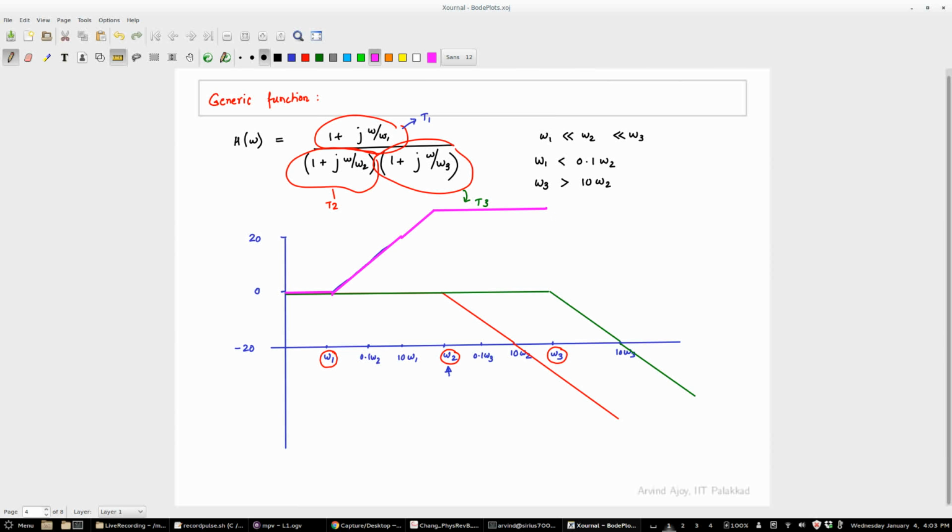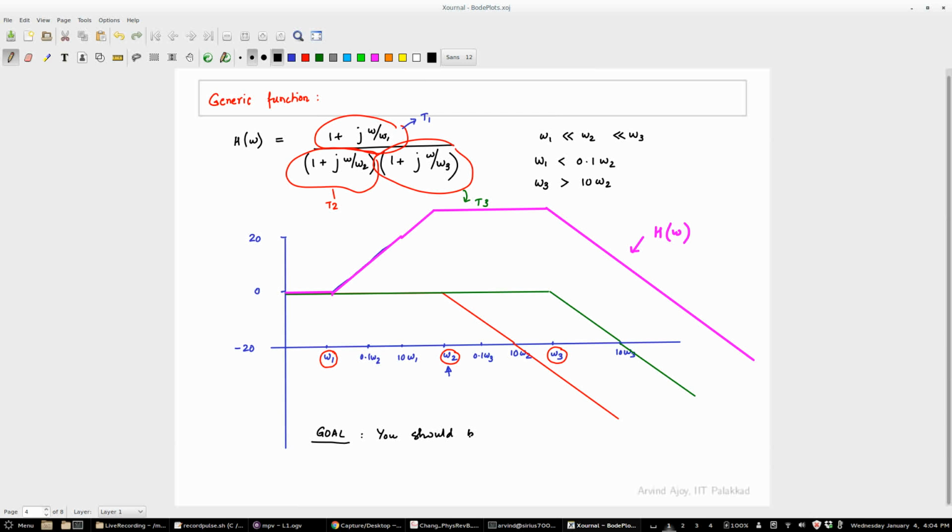After omega 2, this 20 dB per decade line and this minus 20 per decade line will compensate, and that will effectively make you go flat all the way till omega 3. And then subsequently you only have the minus 20 dB per decade line corresponding to omega 3, and you will go down like that. So this would be the Bode magnitude plot for H of omega.